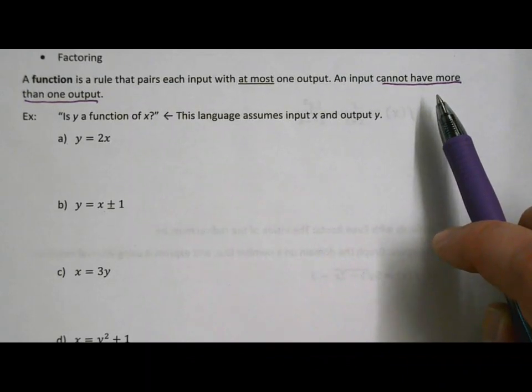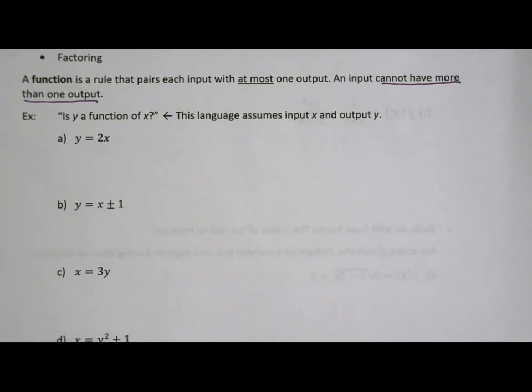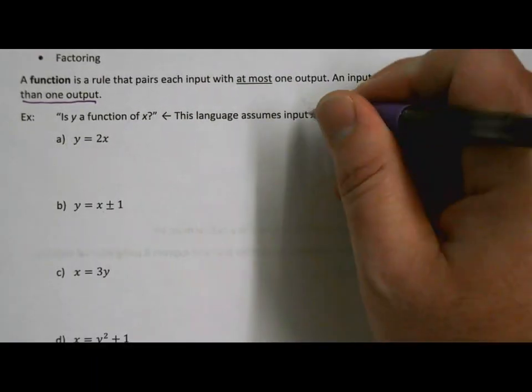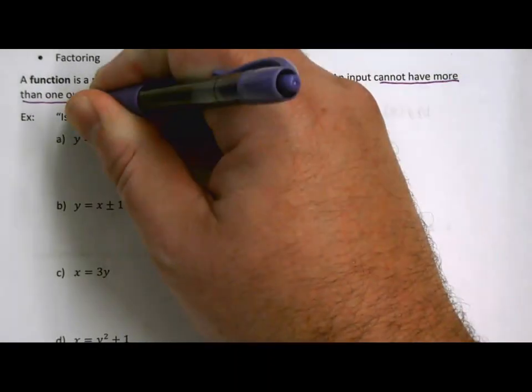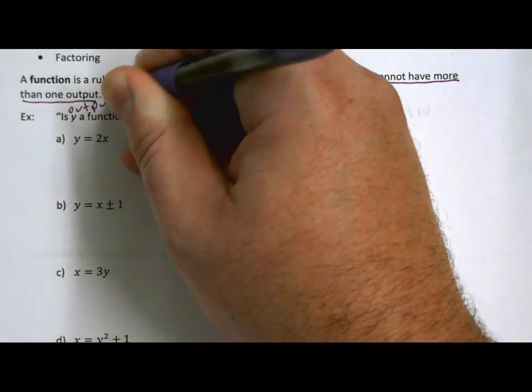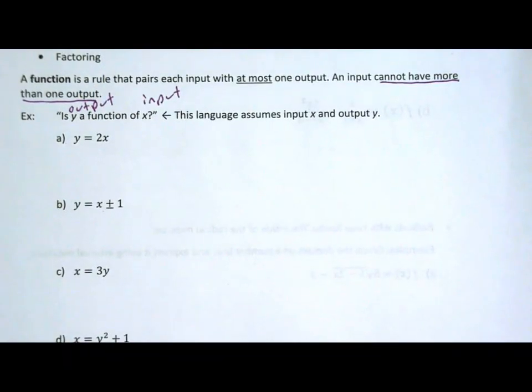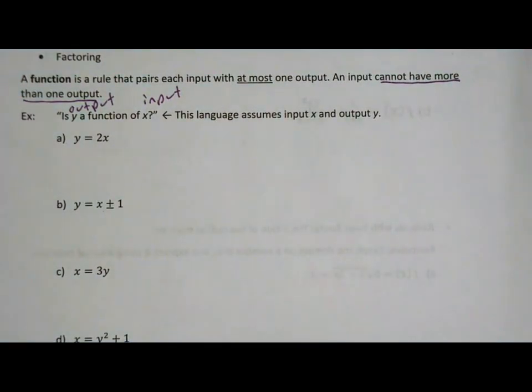So some of the problems on your assignment today are going to give you some equations and they're going to say, is y a function of x? When they use this language, it's assuming that x is our input and y is your output. So is y a function of x?